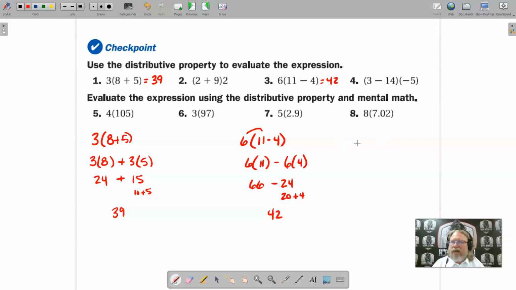And let's go ahead and do number 4. And I don't like the number that's being multiplied on the back side. Let's just use that commutative property of multiplication and flip those around. So I'm going to have the negative 5 multiplied times 3 minus 14.